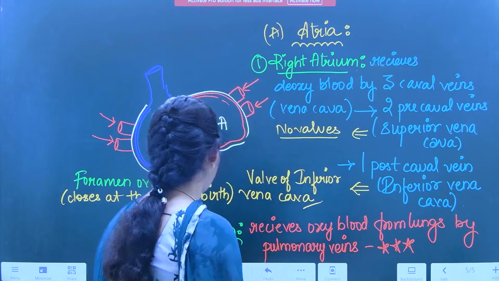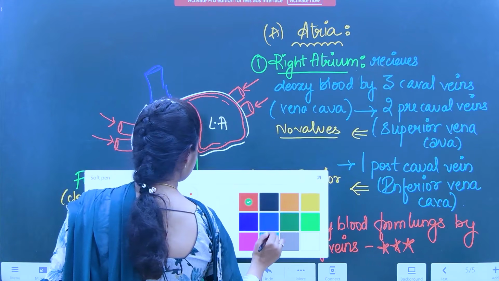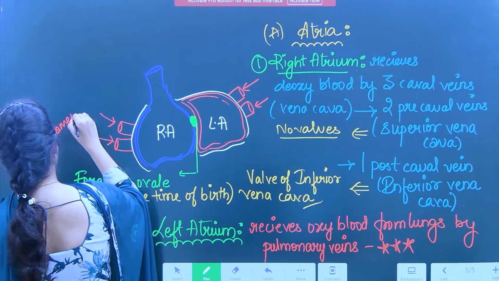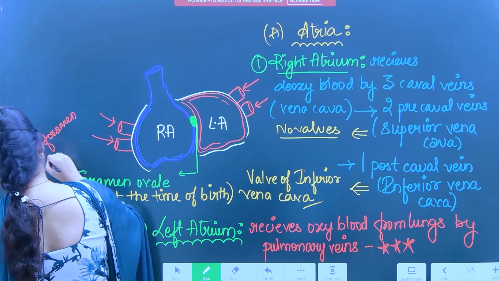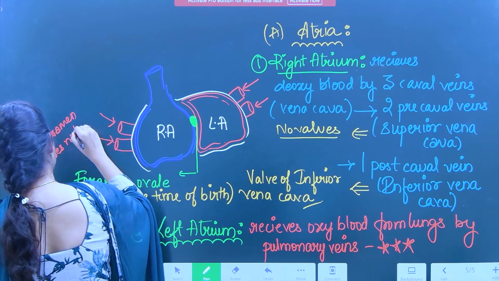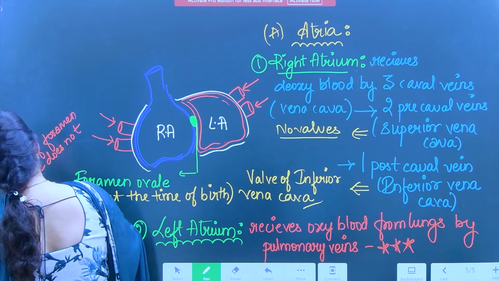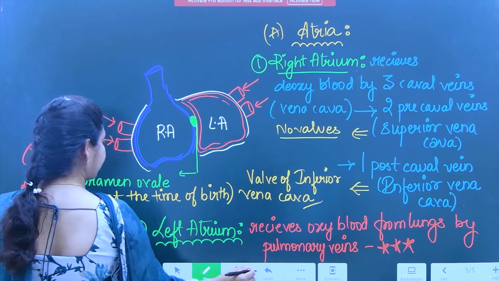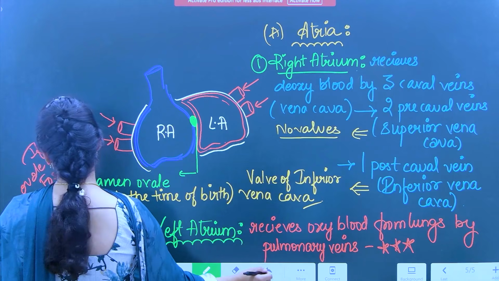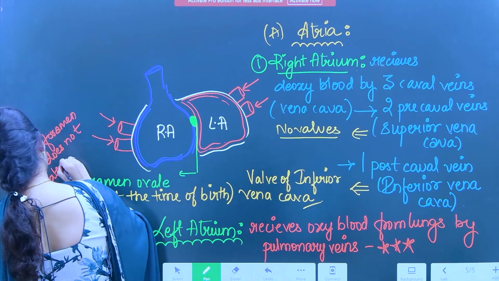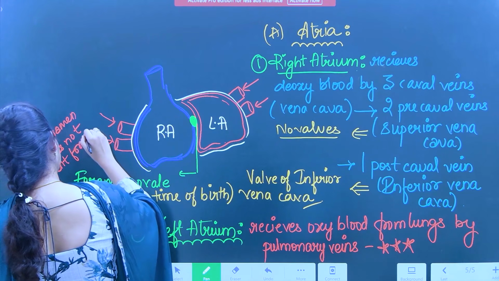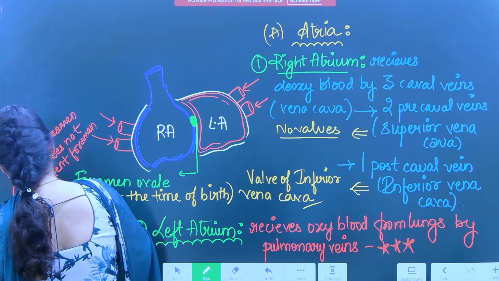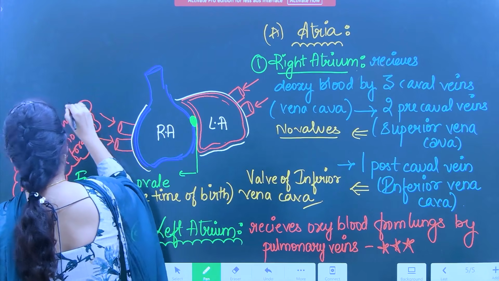If foramen ovale does not close, the condition is called patent foramen ovale.